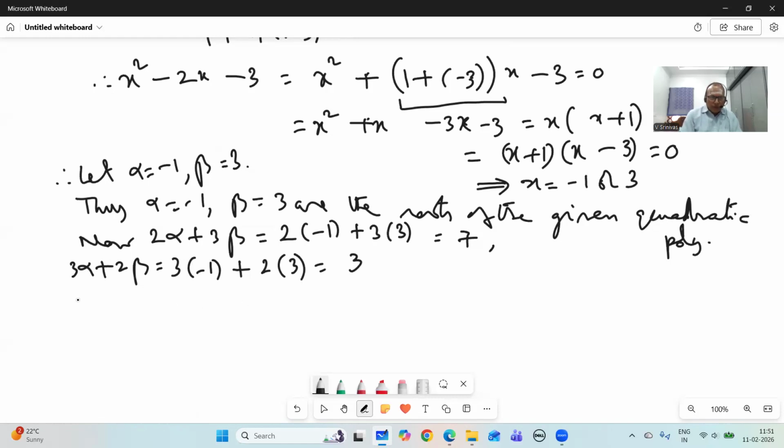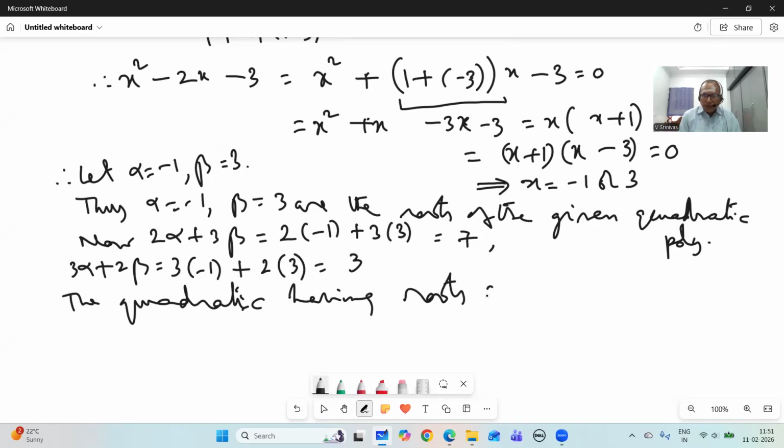Now the quadratic polynomial having roots 2 alpha plus 3 beta and 3 alpha plus 2 beta.